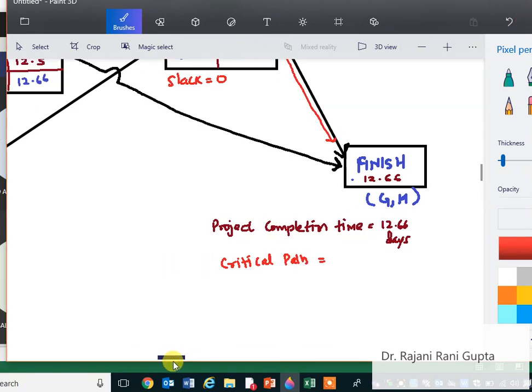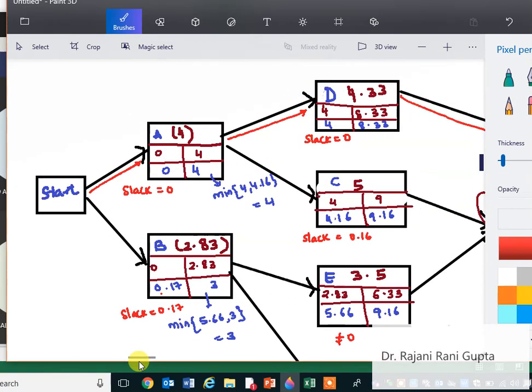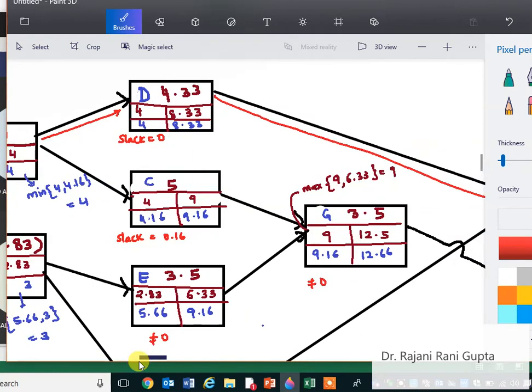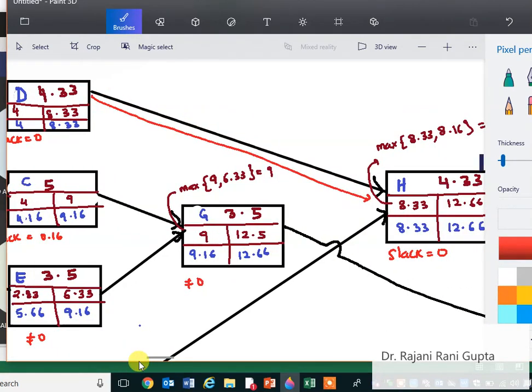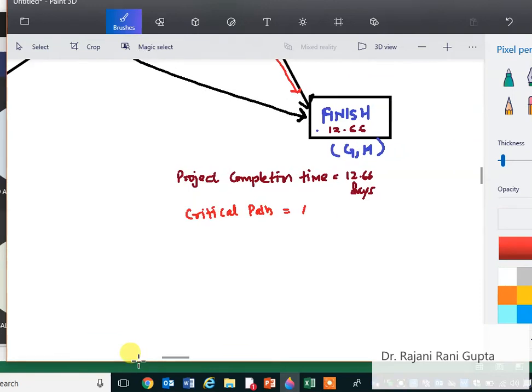What is it? It was A, D and H. A to D and D to H. Okay. What are the critical activities? Critical activities are A, D and activity H.